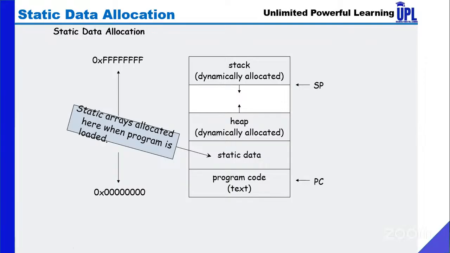Then your program code will be there. This is how the structure of your array will be stored in the static part. If you go to the concept of pointers or dynamic structures, then that data will be stored in the heap. Local variables will be kept here in the stack as a pointer, and program code will be here. This is just simple information we are talking about here.